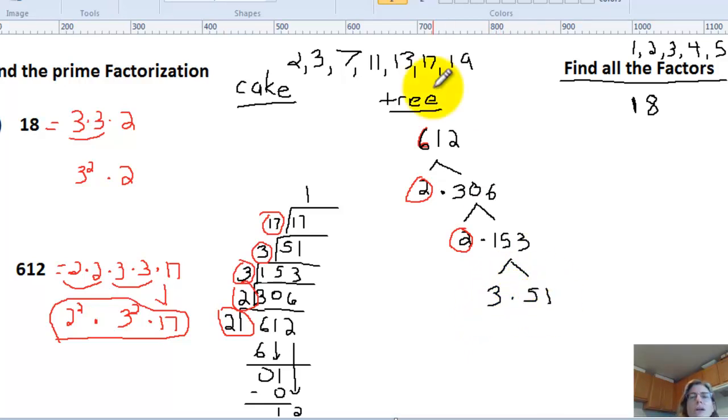So it's a similar breakdown, but I know when you work on these kinds of things yourself, sometimes certain ways of doing them make more sense than other ways. And at the end here, we know that 3 times 17, we have all prime numbers, so we stop at this point, and we have our prime factorization, which is the same. 2 times 2 times 3 times 3 times 17. So that's using both of those methods.